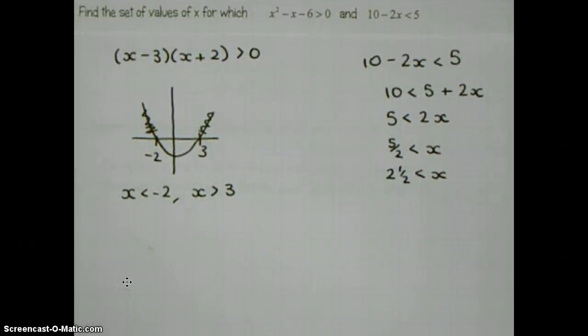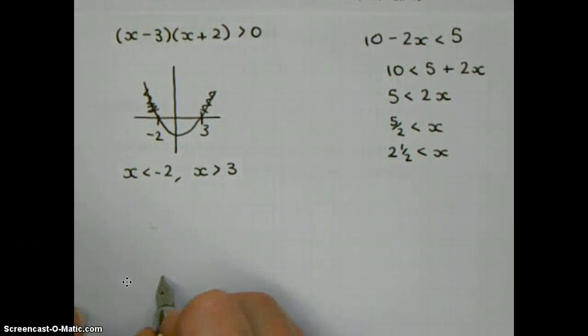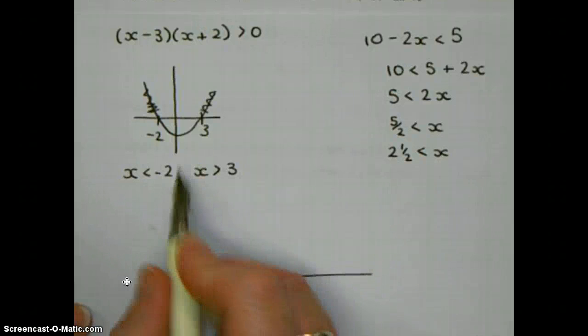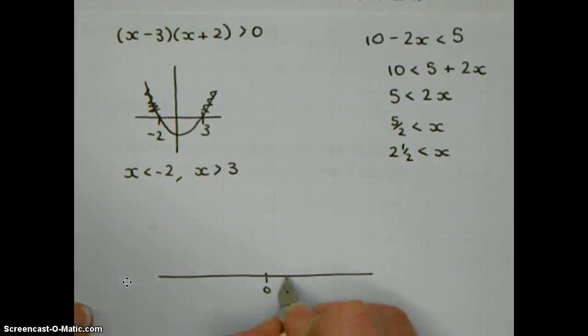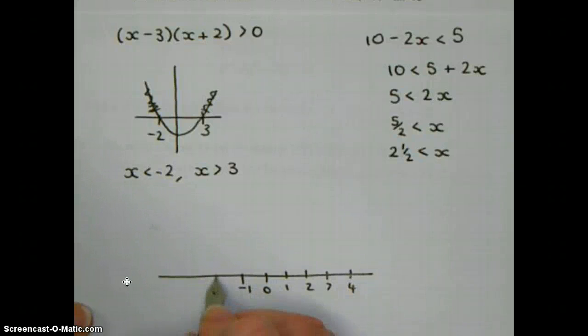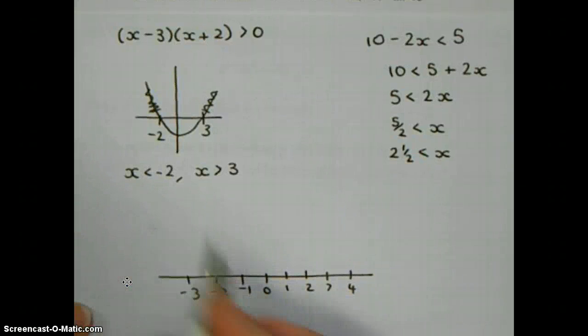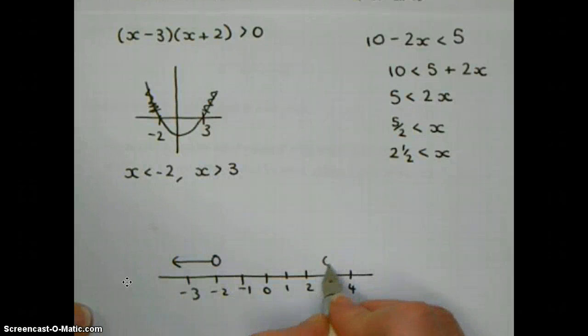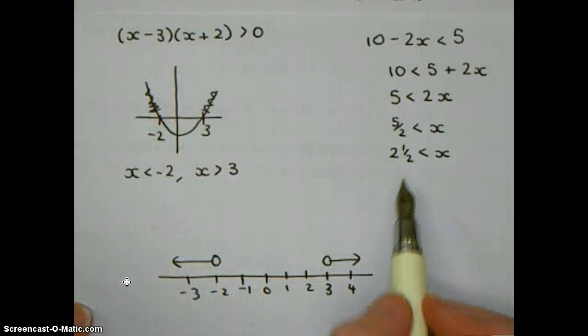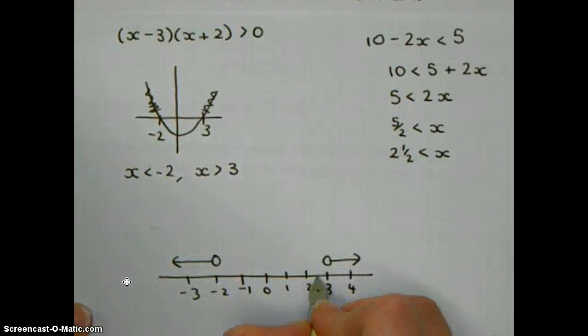And the easiest way to do this is to now think about both of these on a number line. So this first inequality, if I think about that on a number line, I would say that is when x is less than minus 2, so that's that way. When x is bigger than 3, so that's that way. And the second inequality is when x is bigger than 2.5, so that would be about there, wouldn't it?